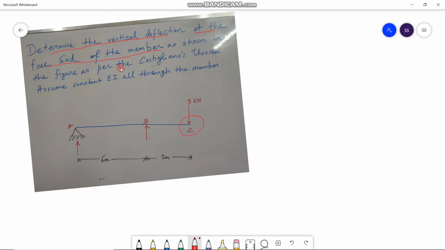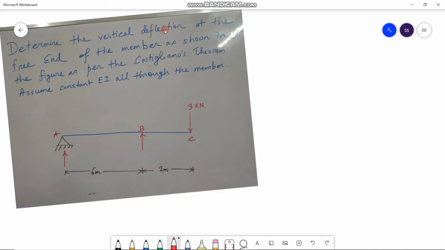as per Castigliano's theorem, and it is given that EI, that means the flexural rigidity, is constant throughout the section, that means from A to point C. So to solve this problem we need to follow some steps.